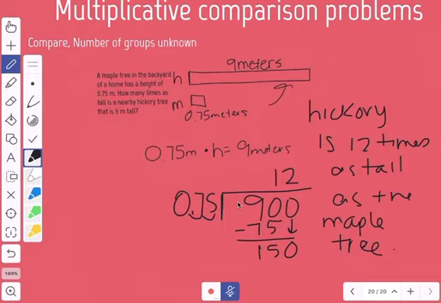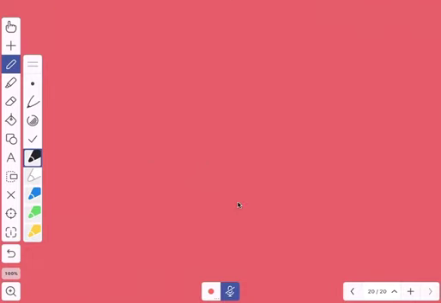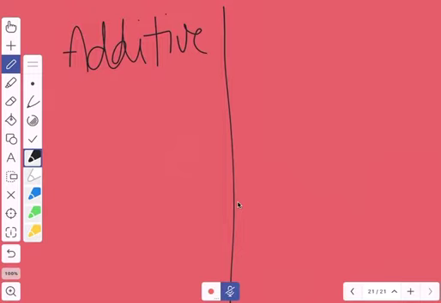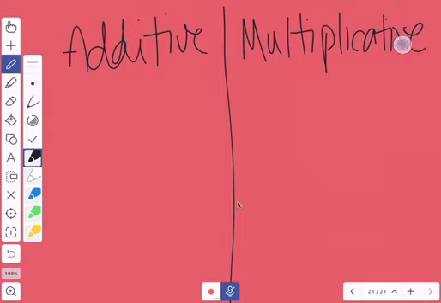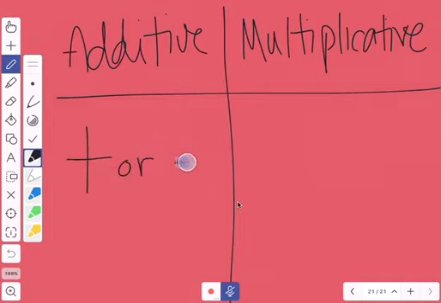One more thing that's important to note that I didn't make a slide for, so I'm going to add on this next page, is, like I said, we have these 2 types. We have additive comparisons, and we have multiplicative comparisons. And with additive comparisons, to solve them, I'm using addition or subtraction.